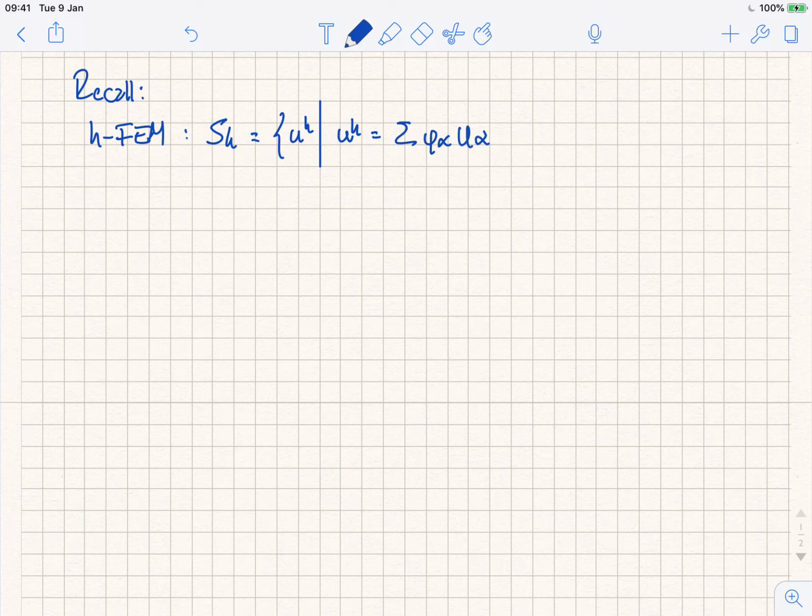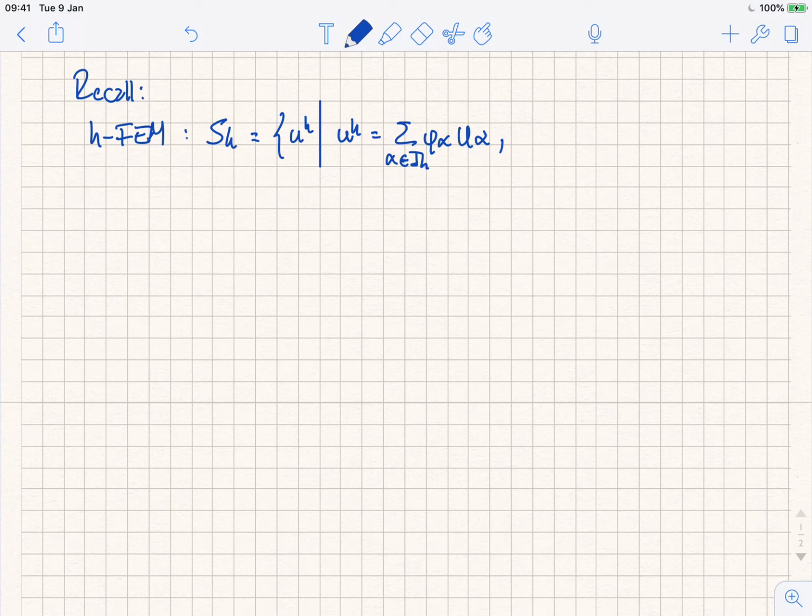U alpha is a degree of freedom, phi alpha is the shape function, and alpha goes from 1 to n. Here we're just going to say it belongs to an index set IH, which is the index set of nodes of the mesh. That's the same way to state that.